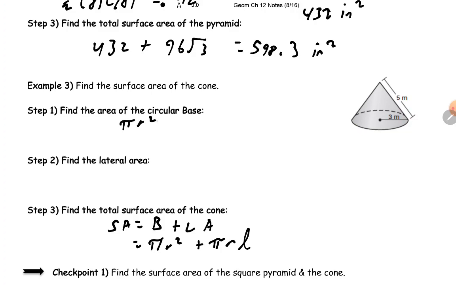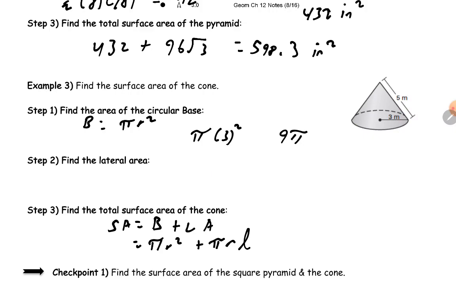Area of a circle is pi r squared. So pi times r, which is 3 squared, so 9 pi.